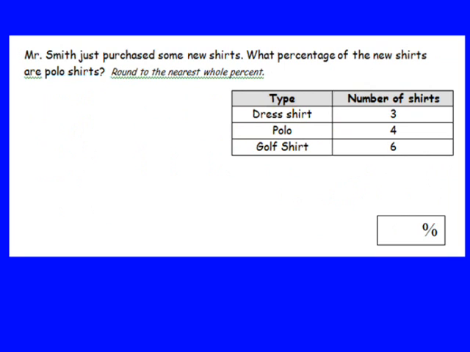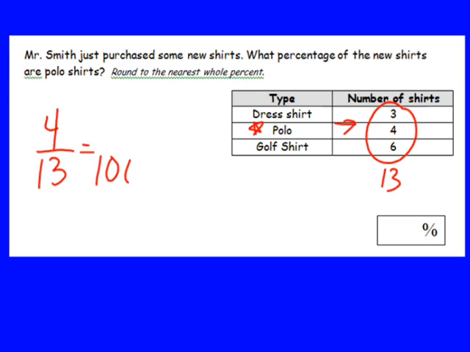Let's try another one. Mr. Smith just purchased some new shirts. What percentage of the new shirts are polo shirts? Let's see how many shirts he purchased first. He purchased a total of 13 shirts. How many of those shirts are polo shirts? 4 of them. 4 of the 13 are polo shirts. And we want to know what percentage of those shirts are polos.